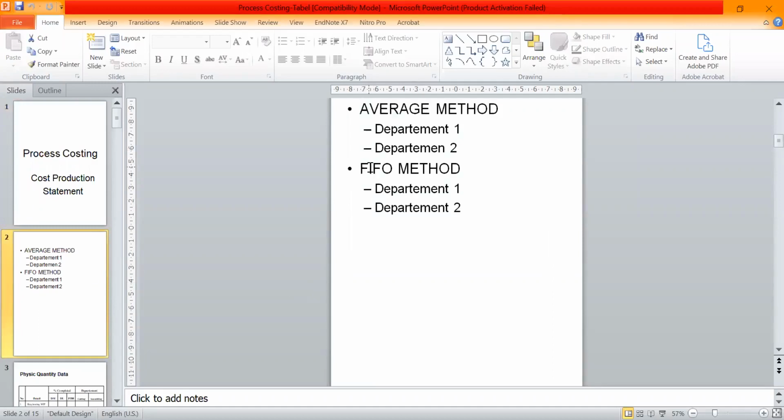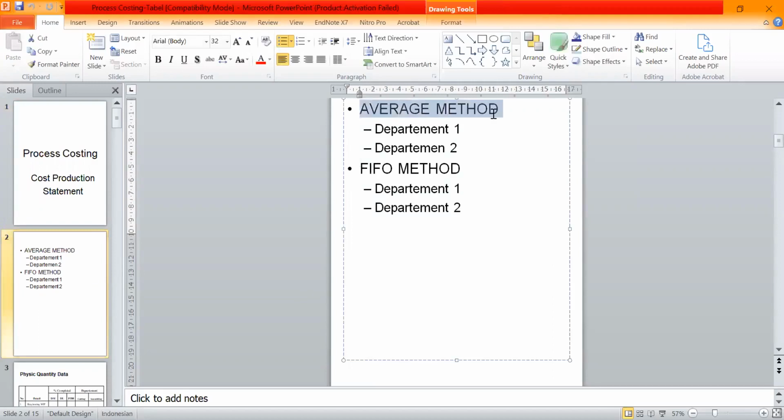In this video we only talk about the average method. Like I explained before, in process costing we need to compute the production cost, and the cutoff point is the period for each department. So we will make lots of production cost statements, because we need to make one for each department.